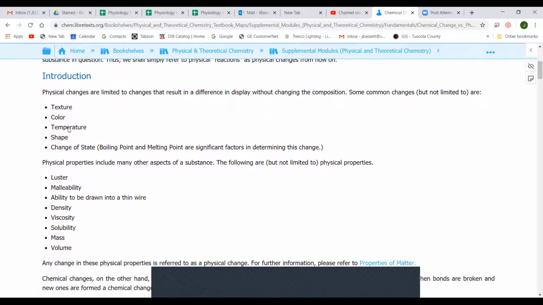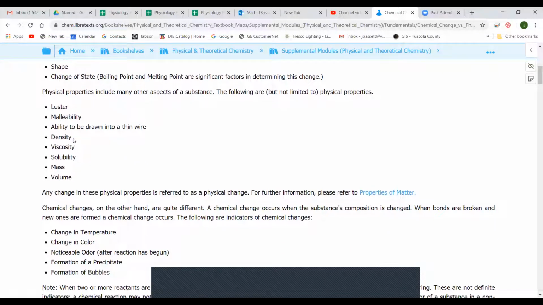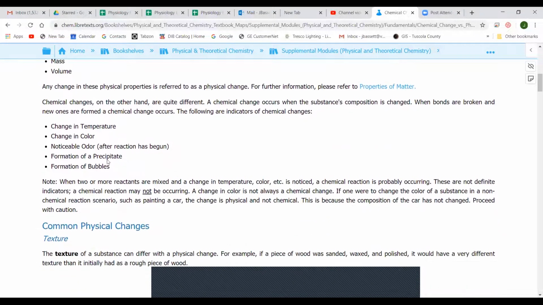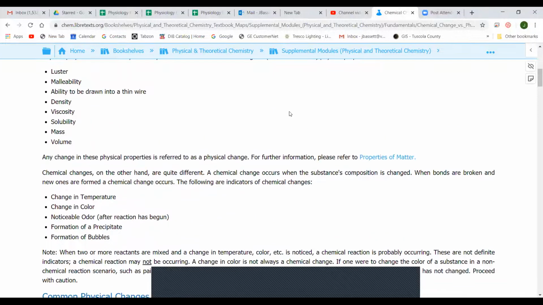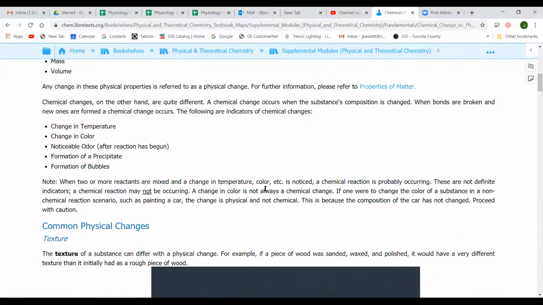So if you look, physical change has to do with texture, color, temperature, shape, changes of state, physical properties, luster, density, viscosity. Chemical change, on the other hand, can be quite different. A chemical change occurs when the substance's composition is changed.